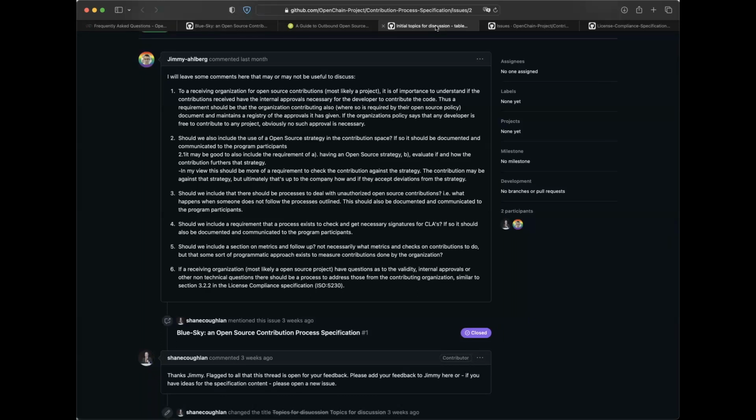We don't attempt to define the processes for trade secret management or HR or tax. We just make a note that you should have a process to deal with unauthorized open source contributions, taking into account your business requirements on issues of ownership, trade secrets, export control, etc. Just have a line like that, and that throws the responsibility for determining the how over to the companies.